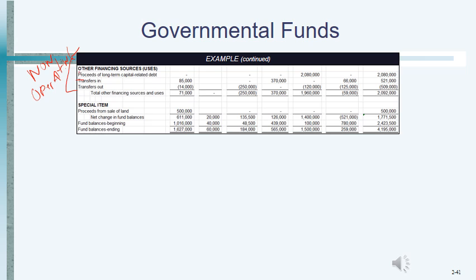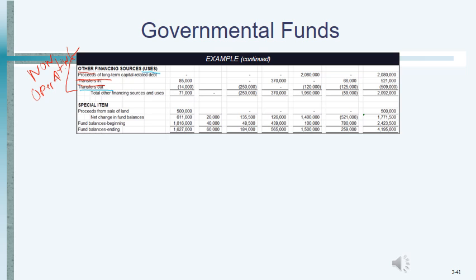Two other financing sources are what? Our proceeds of long-term debt and our transfers in, and then we said that we only have the one other financing use, and that's going to be our transfers out here, okay? And you can see those reported there like non-operating items.